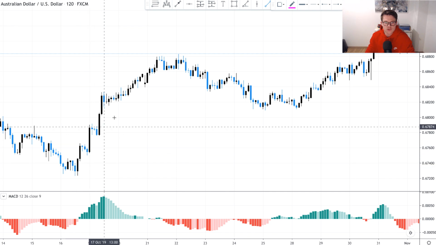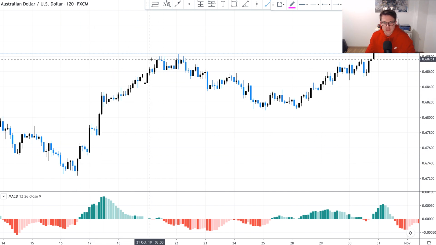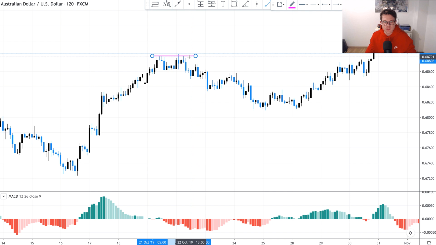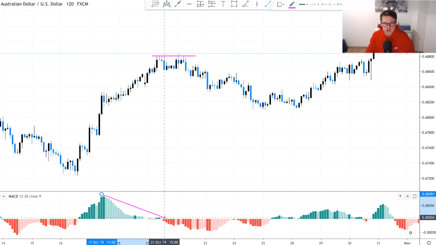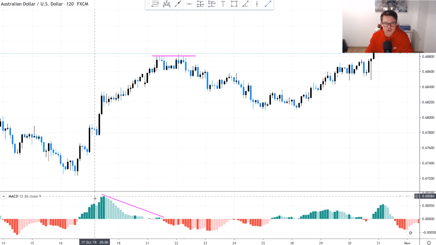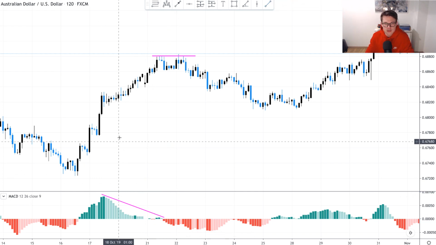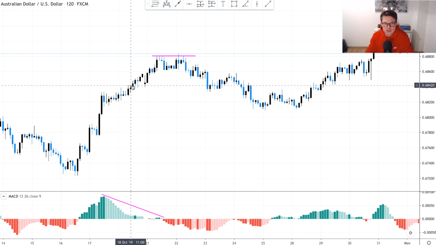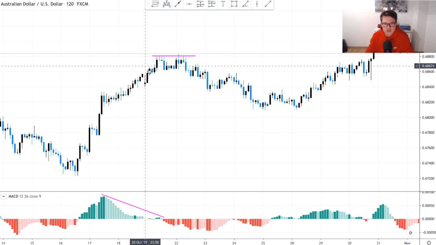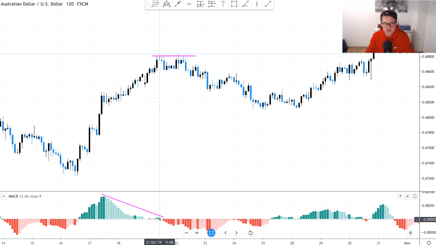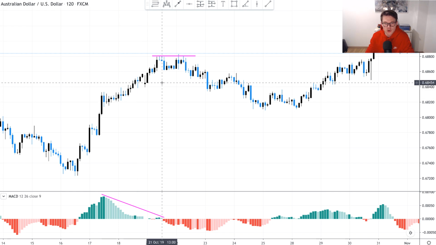And again, we're looking for a trending phase, a very strong trend. And then here the trend more or less topped out. And at the same time, you can see here we have a huge divergence and a huge disagreement between the price action, which was always showing you higher highs, and the MACD, which was already completely flattening out and going to the zero line, so almost showing you no momentum at all.